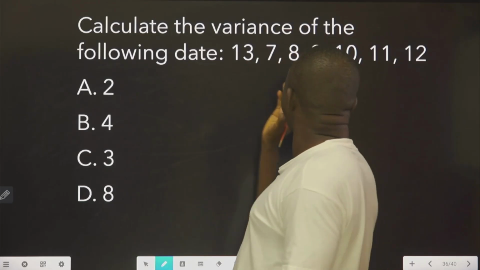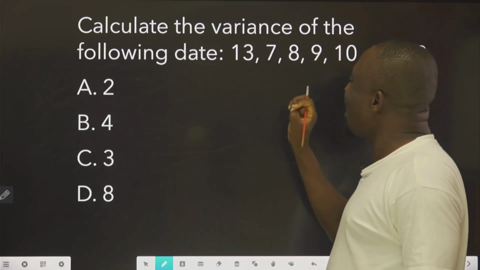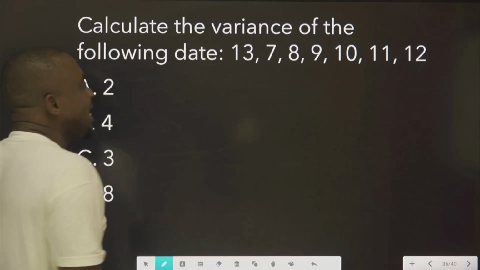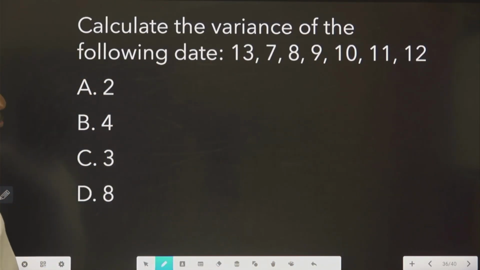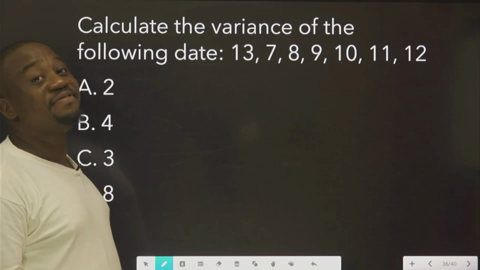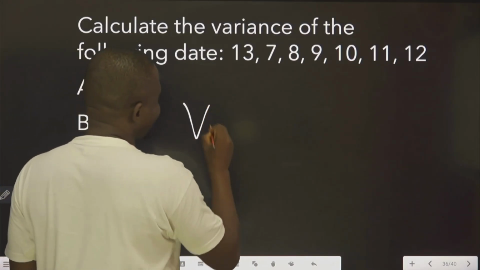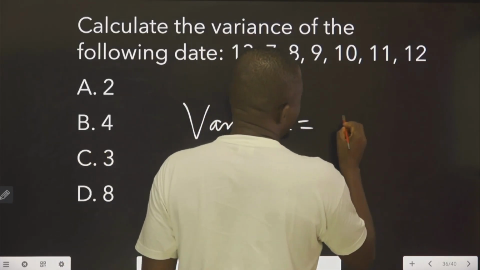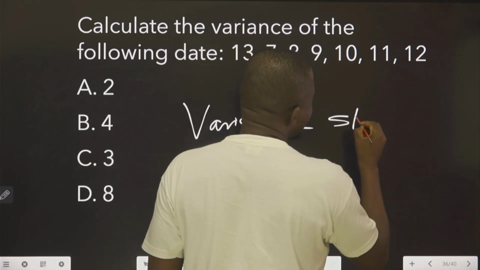Calculate the variance of the following data: 13, 7, 8, 9, 10, 11, 12. The variance of this. What is variance? Variance is always the square of standard deviation.